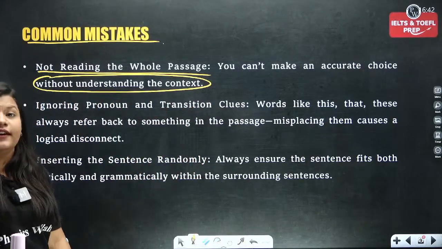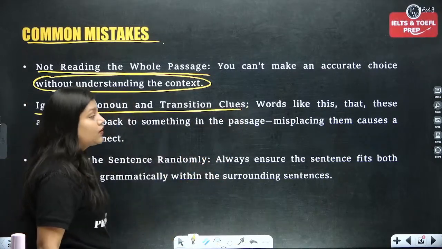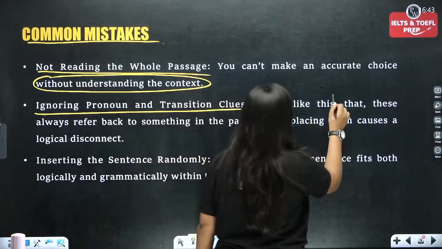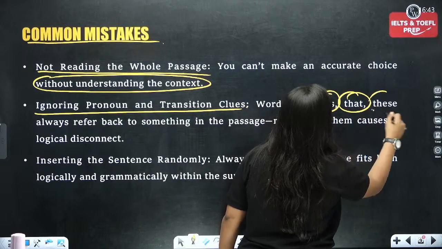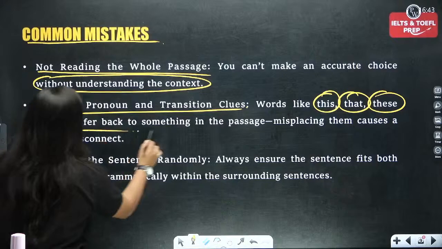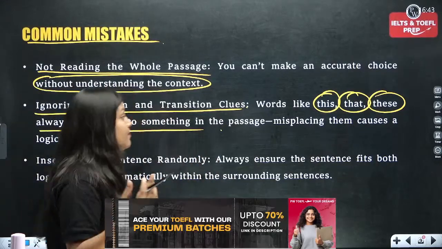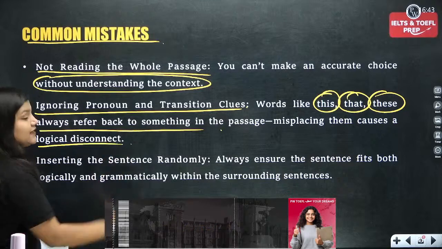Ignoring pronoun and transition clues: words like this, that, these are actually very important, as they always refer back to something in the passage, and misplacing them causes a logical disconnect.